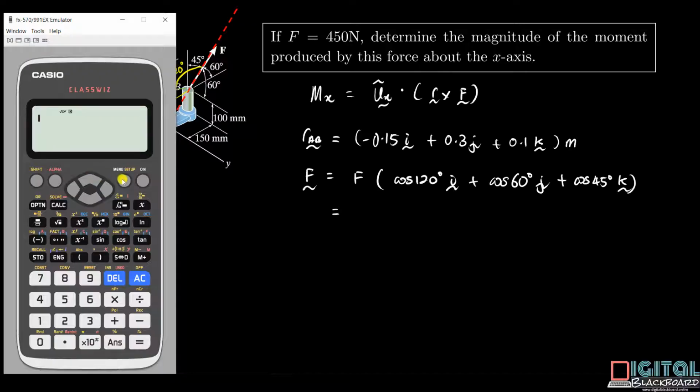So in your calculator, go to menu and move on to the vector function. Here we define a certain vector A with dimension 3, and the first element is cosine 120, so cos 120 equal. The second element is cosine 60, equal.